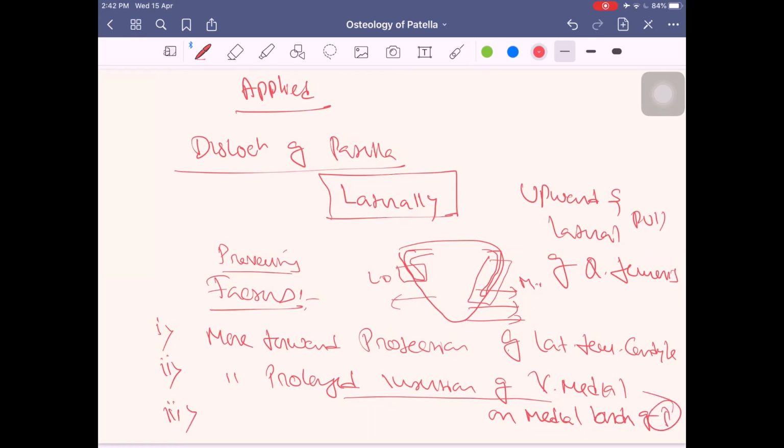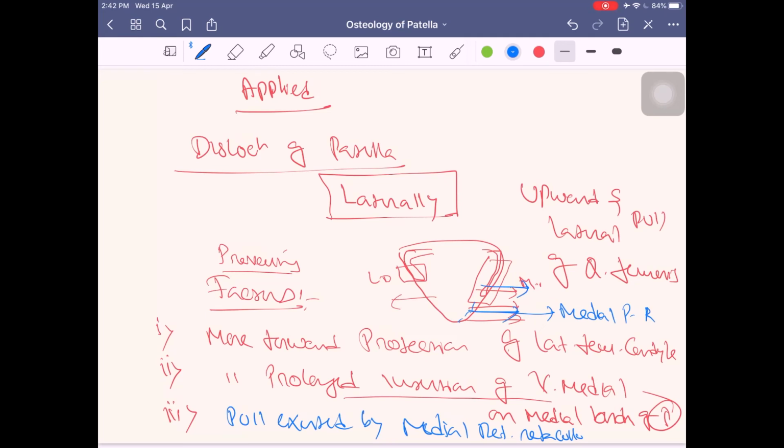And one more reason is the remaining part of it. We said the remaining part is the medial patellar retinaculum. So this also causes a pull. The pull exerted by the medial patellar retinaculum also ensures that it is pulling it this side.